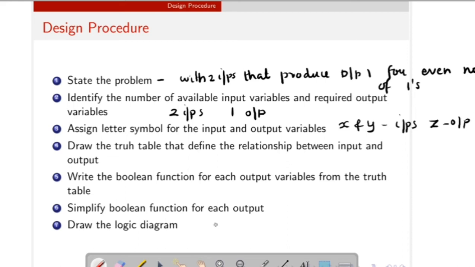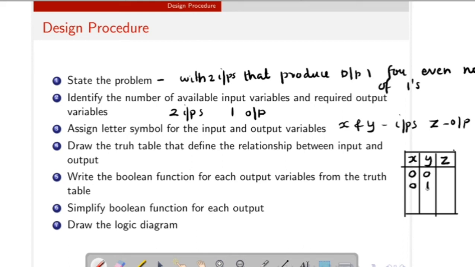Then next is draw the truth table. Here there are 2 variables, so we have 4 input combinations, right? The inputs are x and y, output is z. The input combinations are 00, 01, 10, 11.